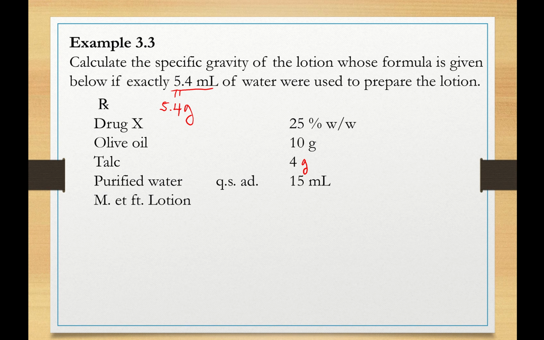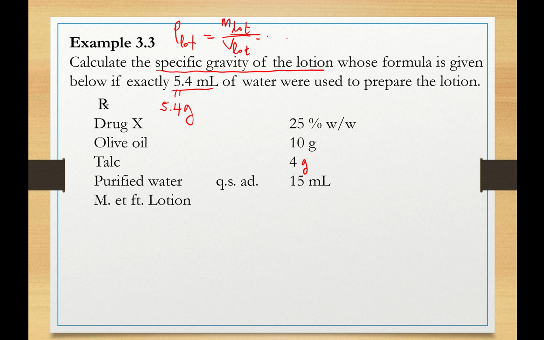I don't know how much drug I added. I just know the concentration of the drug in the lotion. It's asking you to calculate the specific gravity of the lotion, and we know that the specific gravity of the lotion is equal to the mass of the lotion over the volume of the lotion.